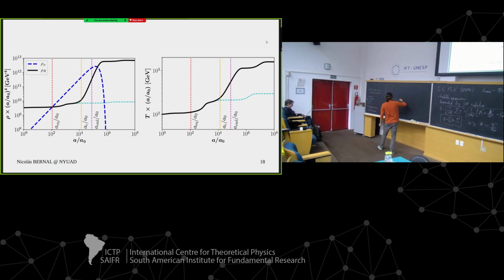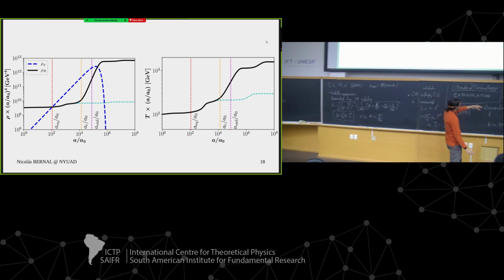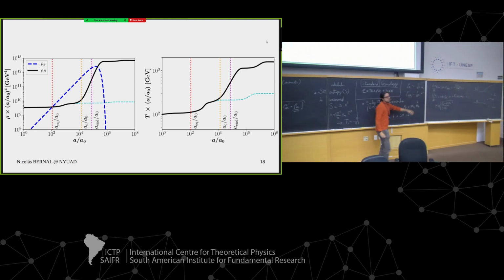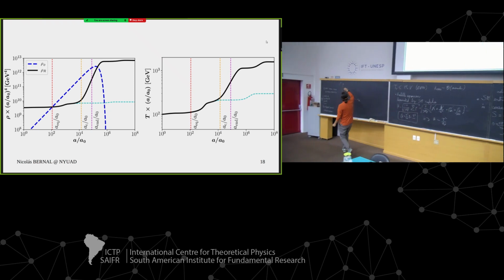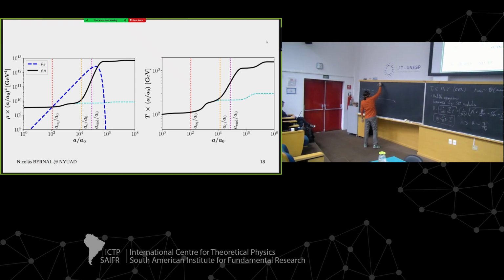It's a plot of energy densities as a function of the scale factor a. But I know that energy densities scale either like 1 over a cubed or a to the fourth. So let me multiply this by a to the power 4. That means that free radiation will be flat, right?